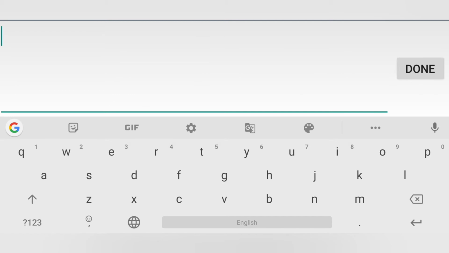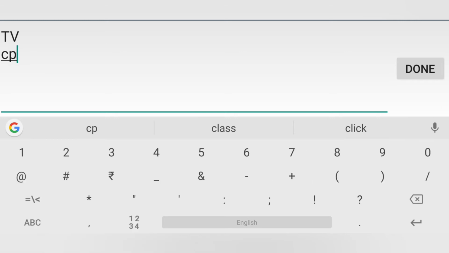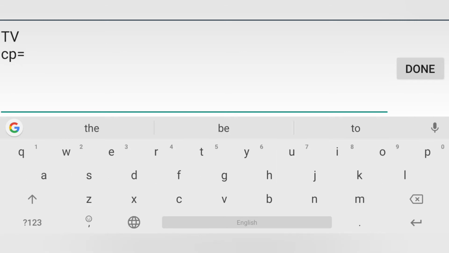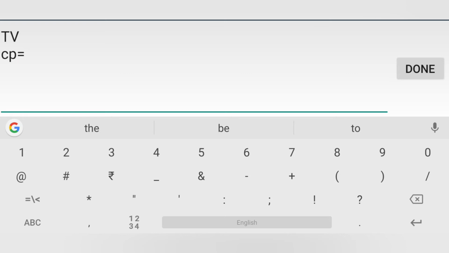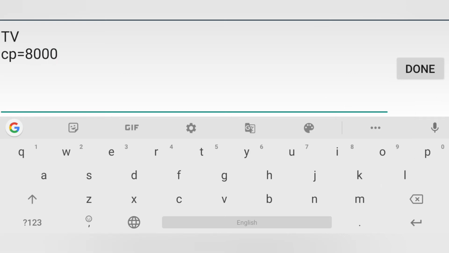Now we will solve for TV. Now the CP of TV is 8,000. So CP is equal to 8,000. Now it's given that he made a profit of 8% on the TV. So profit percent is 8.